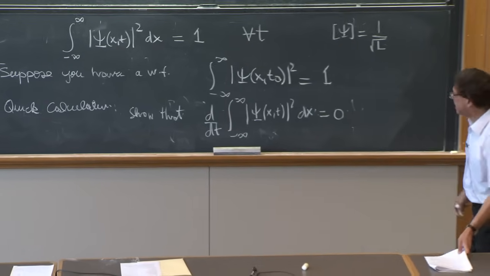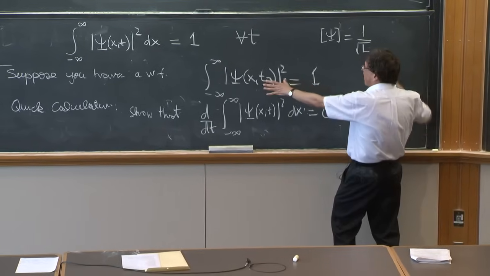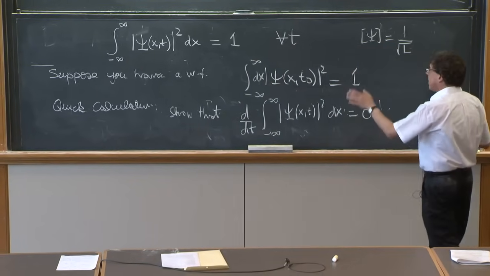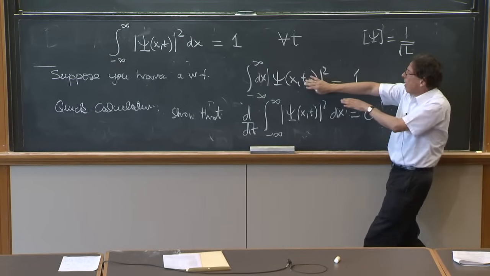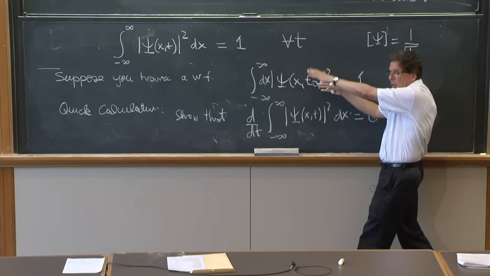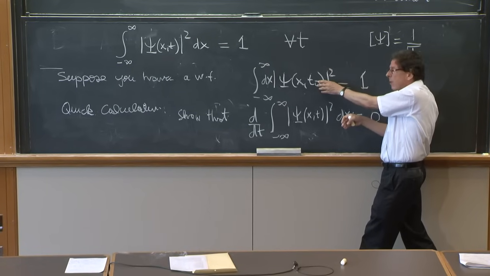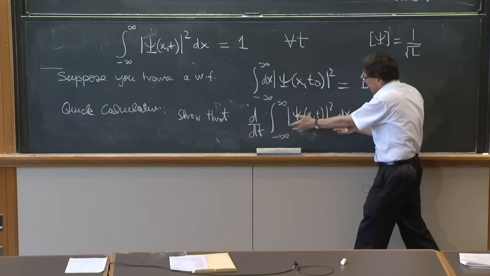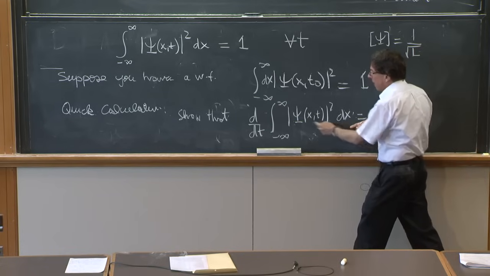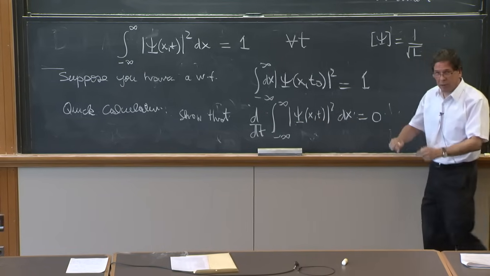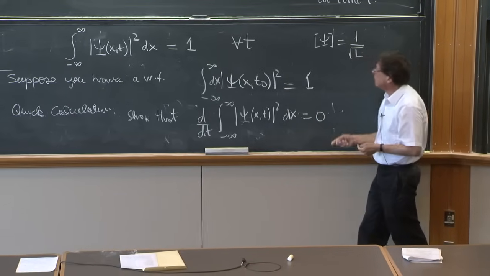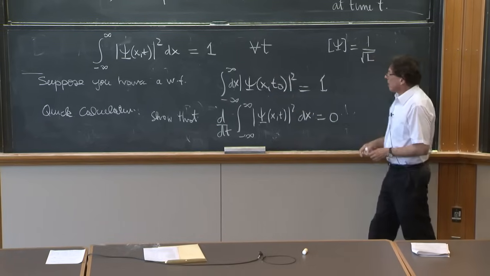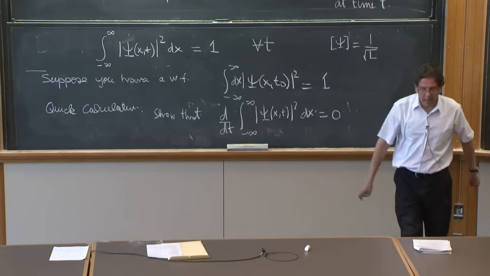I'm sorry, I'm missing a dx here. Think of this integral for all times. It could be a function of time, because you put an arbitrary time here. The integral might depend on time. So it's a good question to think of that integral as maybe a function of time and take its derivative. If its derivative is 0 for all times, and at some time it is equal to 1, it will be 1 forever. So you must show that this is true.